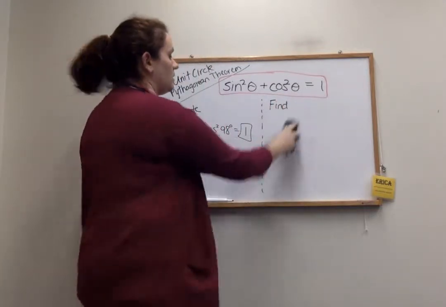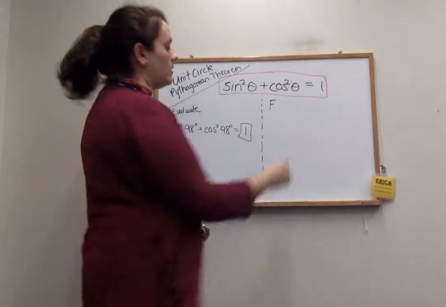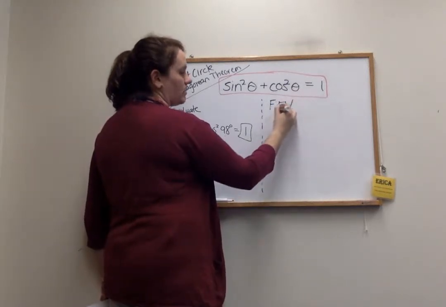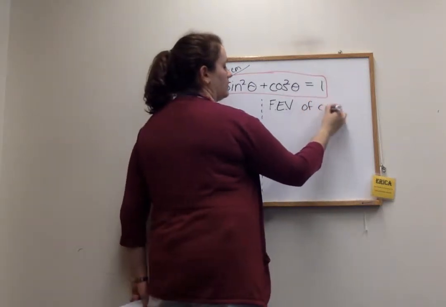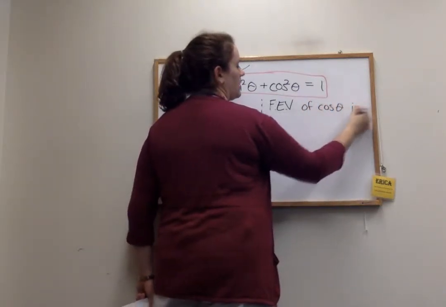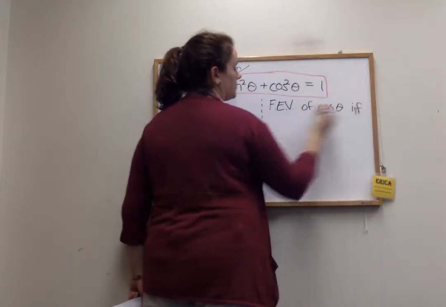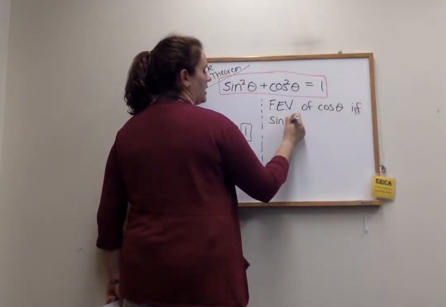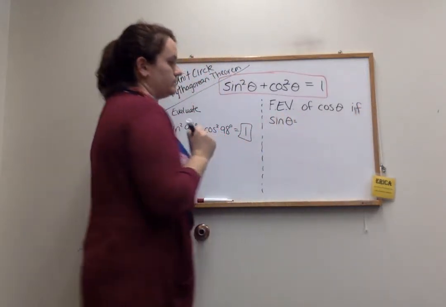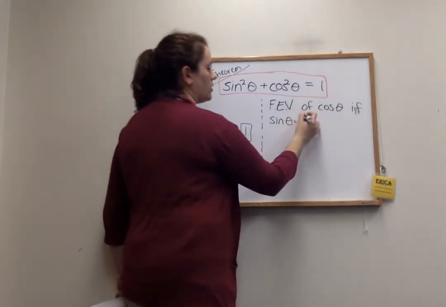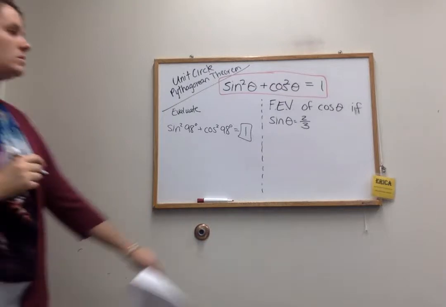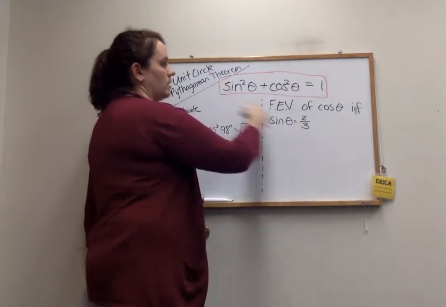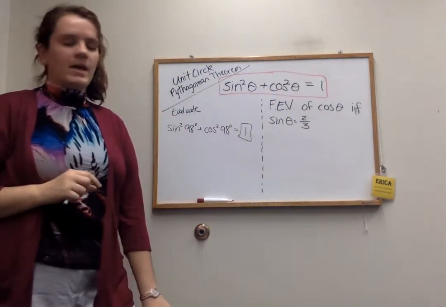Another type of example: find the exact value, FEV, find the exact value of cosine theta if sine theta equals, let's call it 2/3. So here we have an equation that we can use to plug in our value of sine.